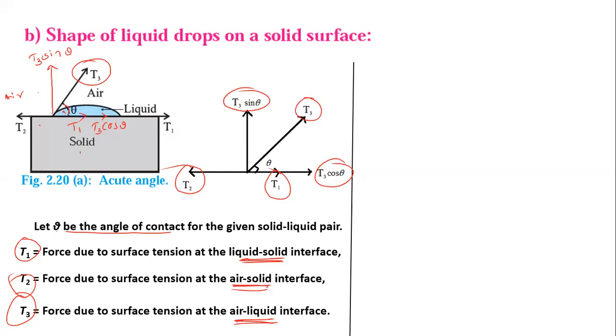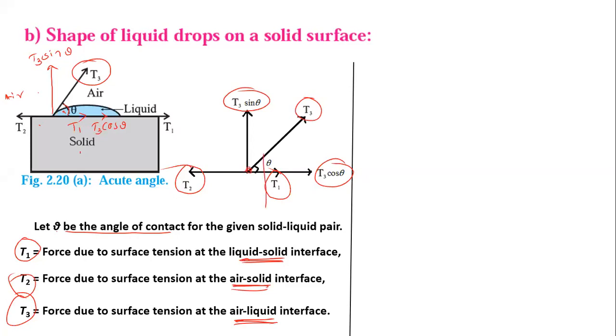So you remember one thing: surface tension is a surface phenomenon. Someone may ask, is it related to only liquid? No, it is related to the surface. Surface tension is a surface phenomenon, that you remember. Now after that, if you see the equilibrium position, it is in equilibrium. So this liquid drop stays in one place.